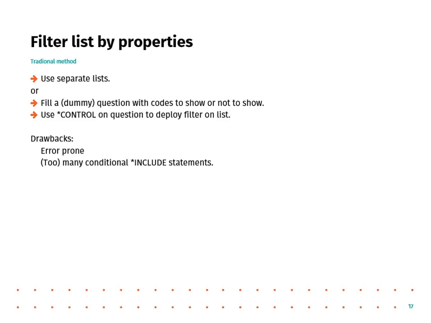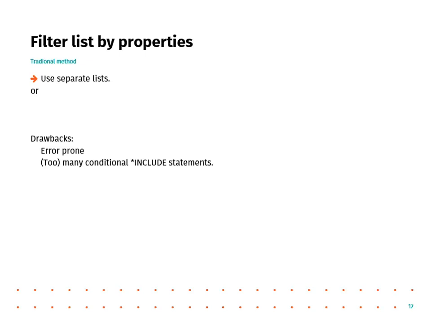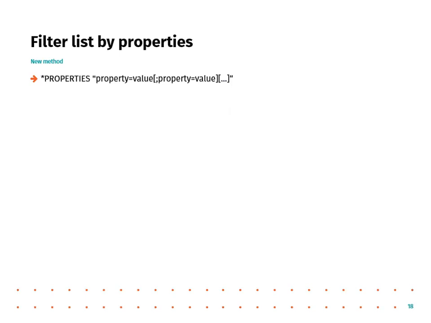So the boys here, or the development team, thought of a new way to handle this. First of all, I'd like to introduce you to something that is already there for, well, let's say a year or half a year. It's a new command you can add either to a question or to a category.